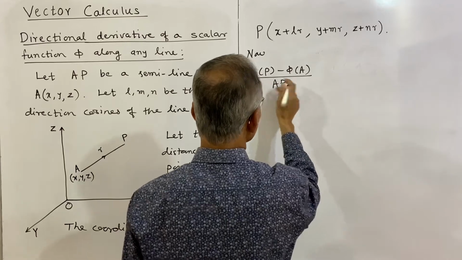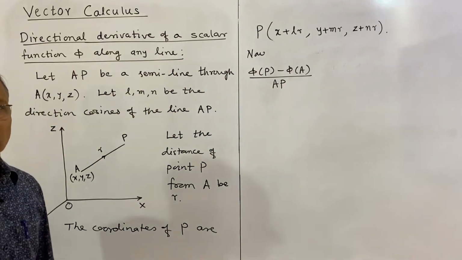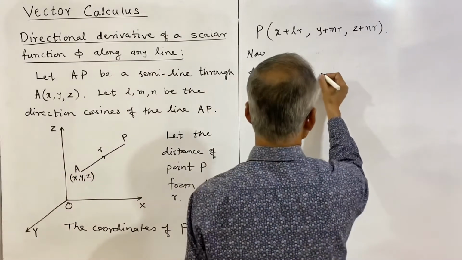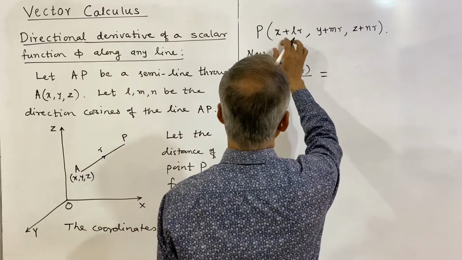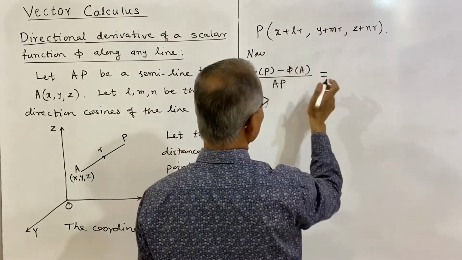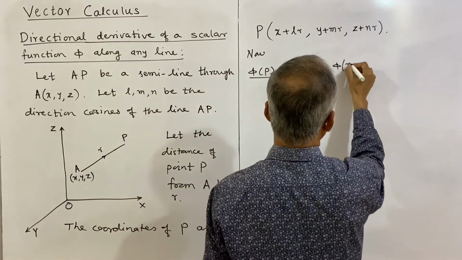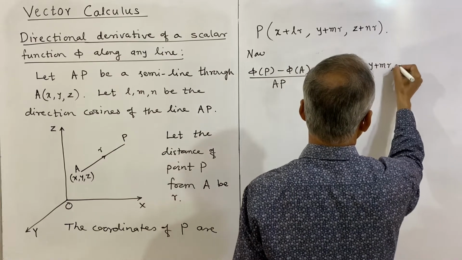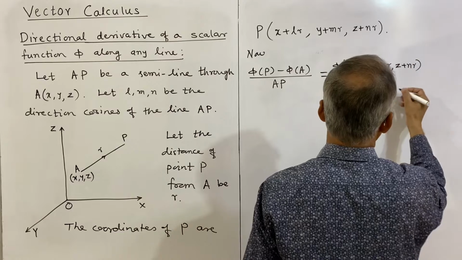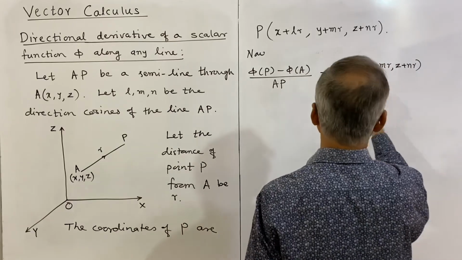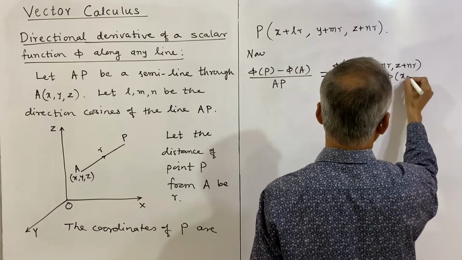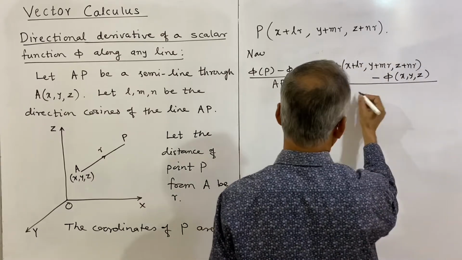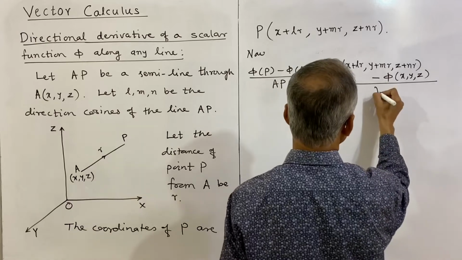The limit of this as P tends to A is the directional derivative of phi at point A. And this is equal to phi of x plus lr, y plus mr, z plus nr, minus phi of x, y, z, and the whole divided by AP, and AP is r.